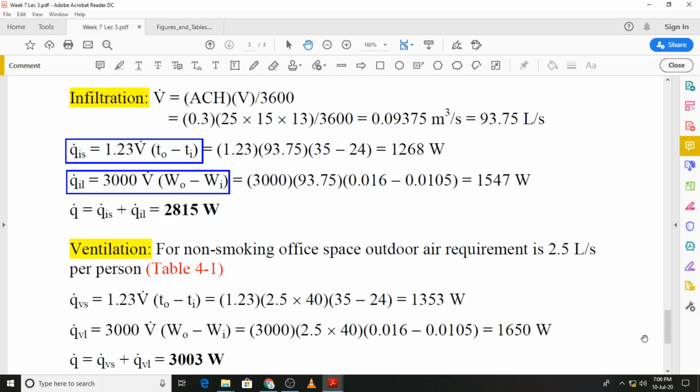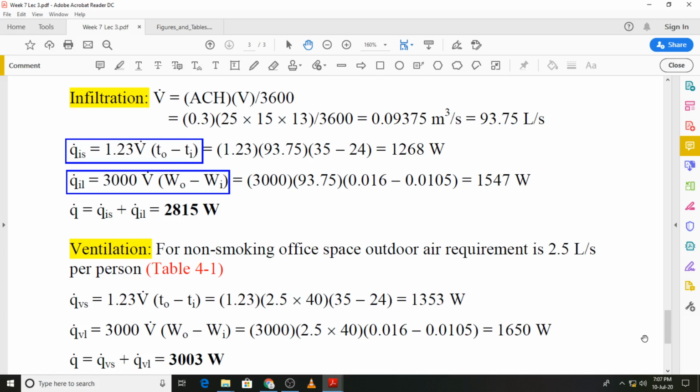Lastly we come to the load due to ventilation. That load is not given to us directly, but we are given some information which will be used to read the value for ventilation from table 4-1. That information is that we have an office space with a non-smoking environment.